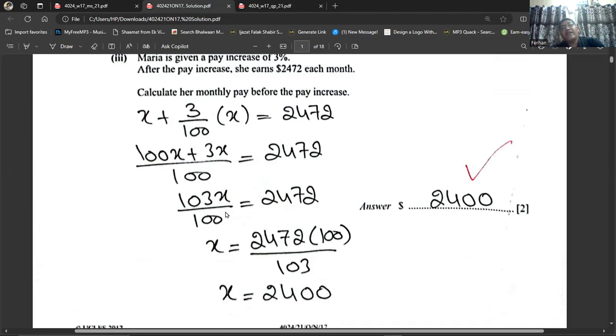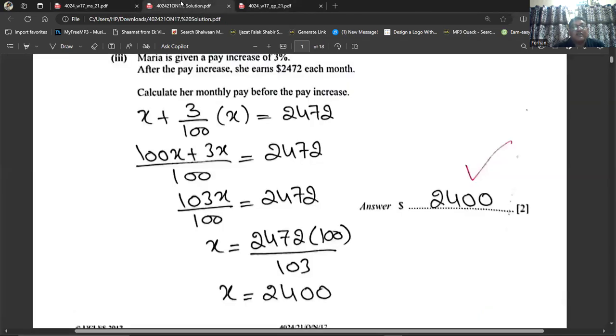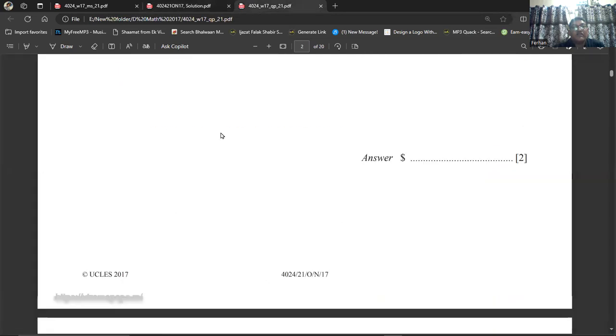So it will be 103x divided by 100 equals 2,472. So x will be equal to 2,472 multiplied by 100 divided by 103. You will get 2,400. So her previous salary was 2,400. So 2,400 is the right answer, sir. This is my solution.